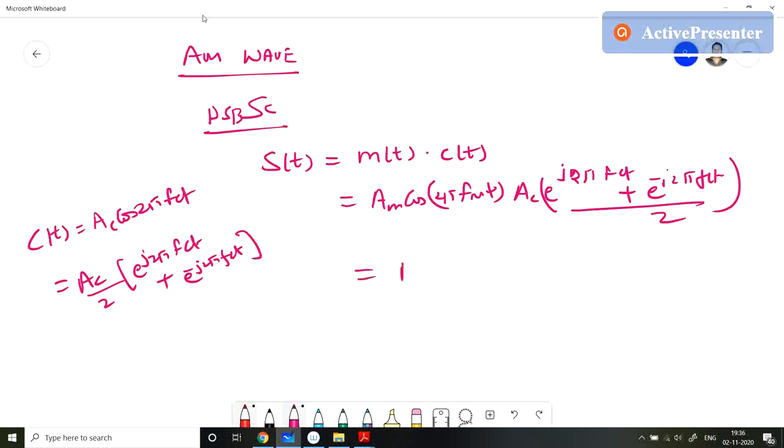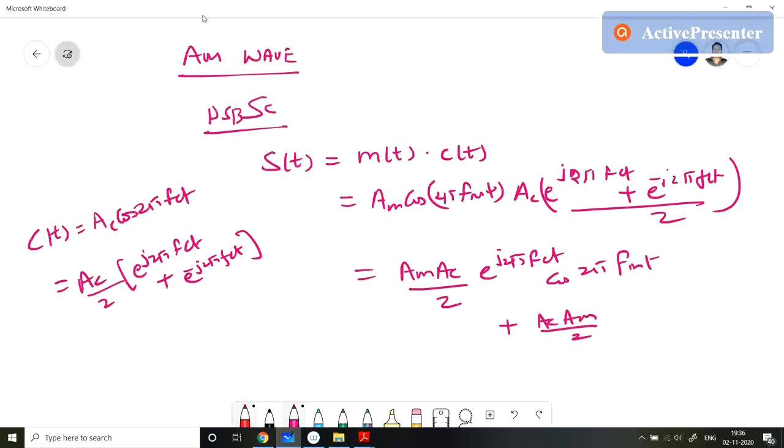So what is happening is that we have Am Ac divided by 2 e raised to the power j 2 pi fct cos 2 pi fmt plus Ac Am divided by 2 e raised to the power minus j 2 pi fct cos 2 pi fmt. Now if we find the spectrum of this signal, let the Fourier transform of s(t) be S(f), and we can apply the shift in frequency.